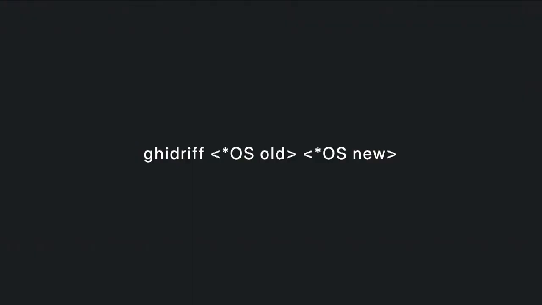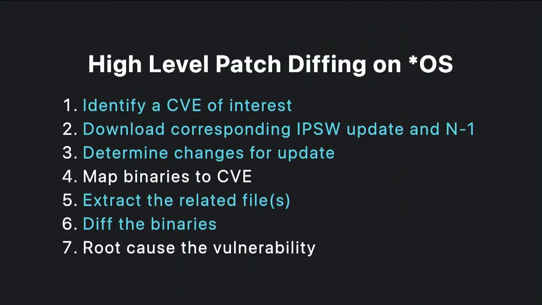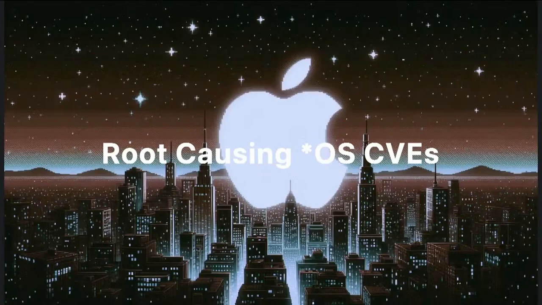Now I can point the tool at an old binary and a new binary and produce something that looks like this. This is another markdown output, and it's hard to see from where you are, but there's a small section of added functions and modified functions, which is really helpful for quickly looking at changes across the board.